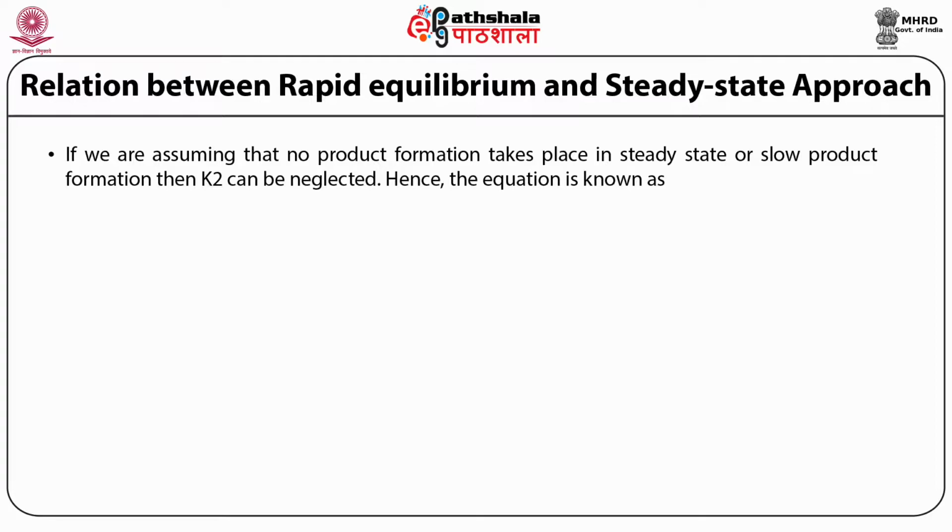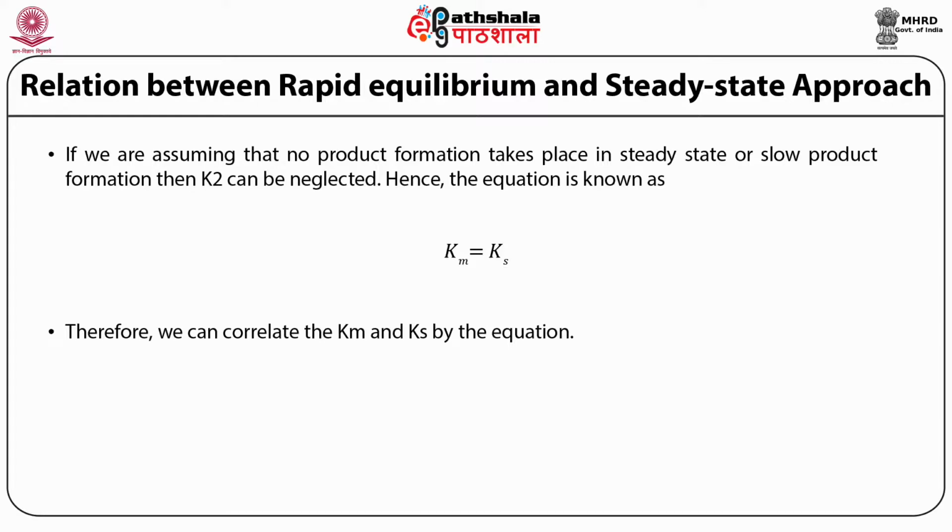Hence, if K plus 2 is neglected, then Km becomes Ks. Therefore, we can say that Km is nothing but Ks when you put the no-product-formation assumption, and Ks is nothing but Km when you put the equilibrium state assumption.